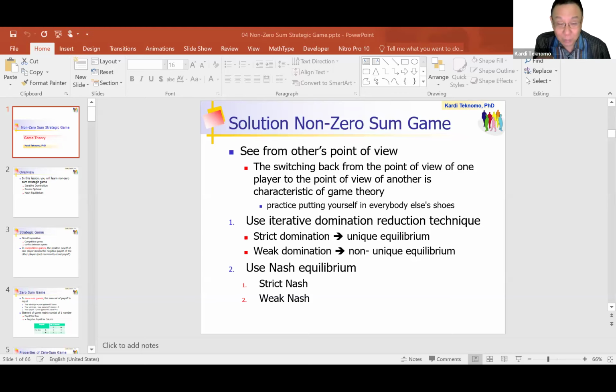You can search in Google "A Beautiful Mind." This is the name of a movie. That movie is talking about John Nash. John Nash won a Nobel Prize in game theory. Look at this. This is so important that there are several Nobel Prize winners in game theory alone.